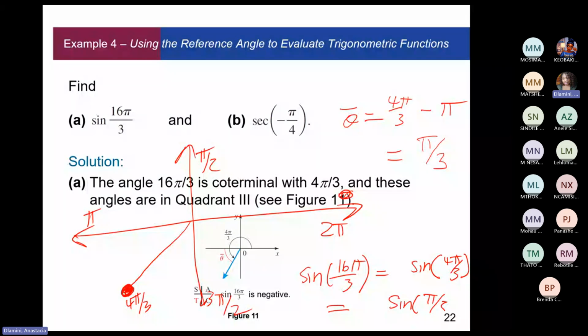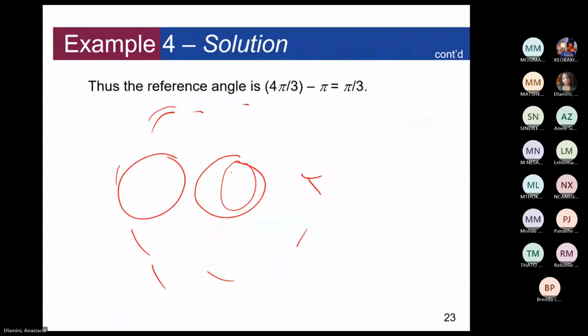Well done. Let's look at sec of negative pi over 4. What is the reference angle, guys? What did I say? Remind me.